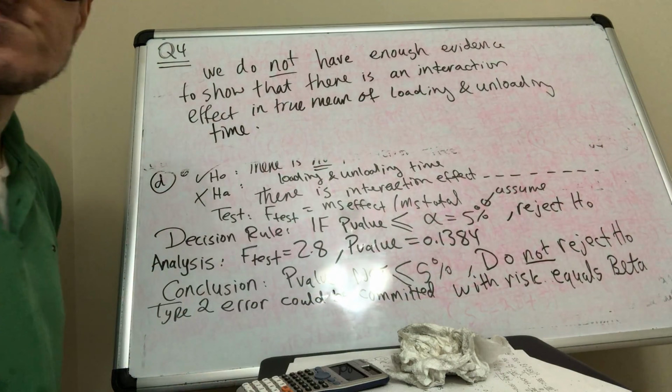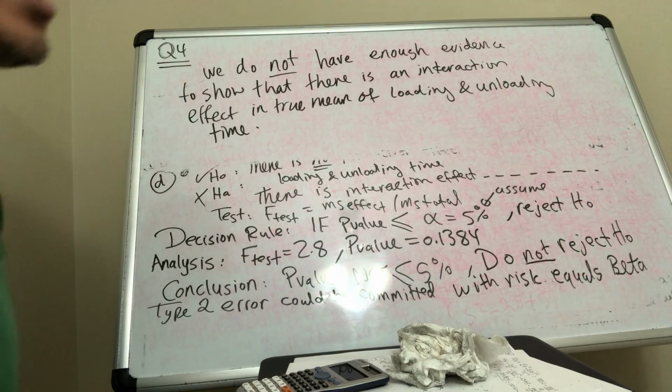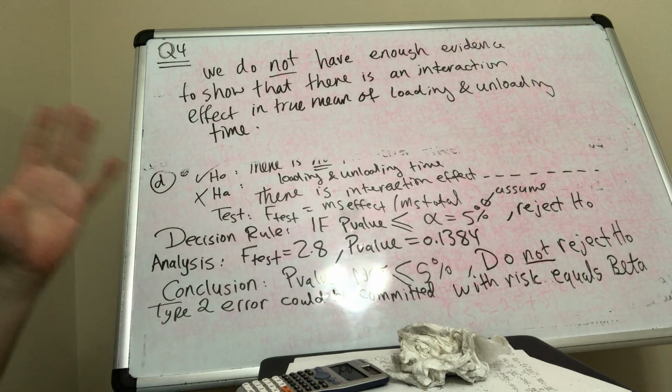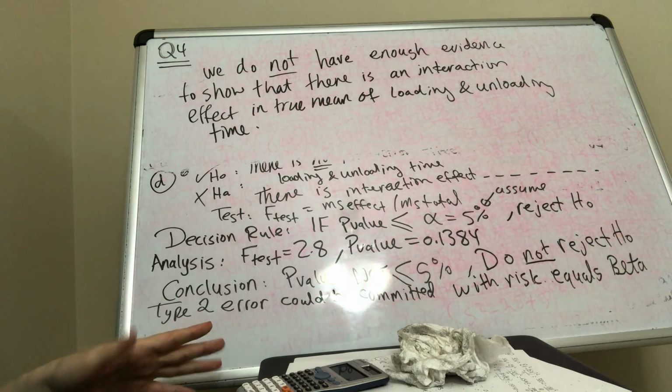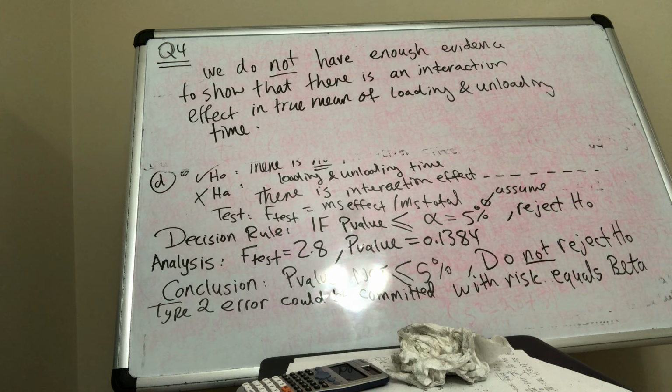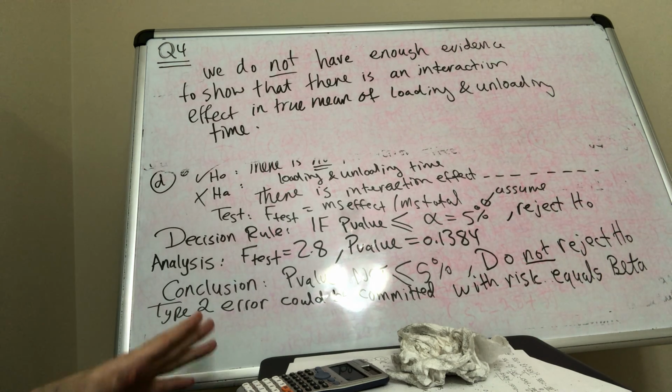So there is no evidence of effect, or no interaction effect on true mean loading and unloading. So the loading time is the same for the writes, same for the methods, and interaction the same. No interaction, no difference in write, no difference in method. Everything is the same. Good?